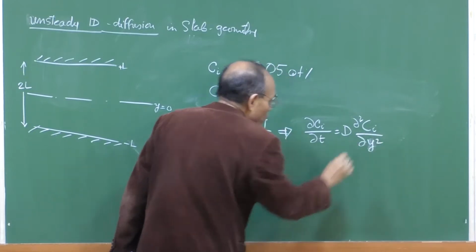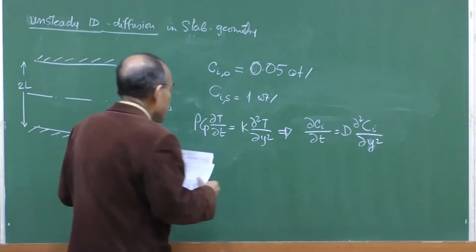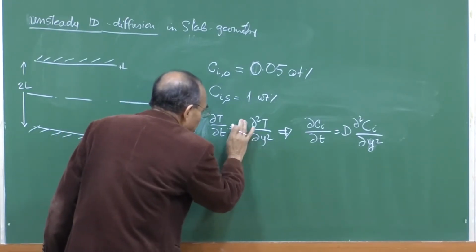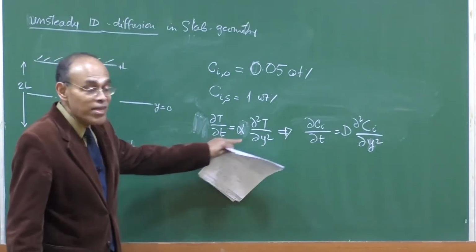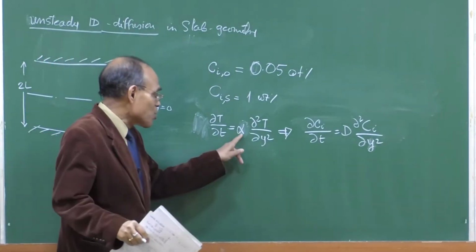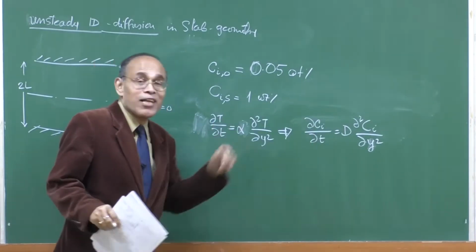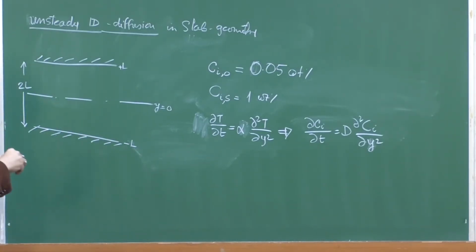So, there is a one-to-one similarity, as you can see, okay, and I have indicated that if you write this equation like this with alpha instead of K, because properties are all constant, in which alpha is thermal diffusivity. So, the moment you substitute alpha by D, the value of T can be interpreted as the value of Ci. There is one-to-one correspondence between the two sets of equations. Okay? And you remember, I have non-dimensionalized the equation and given you the solution.